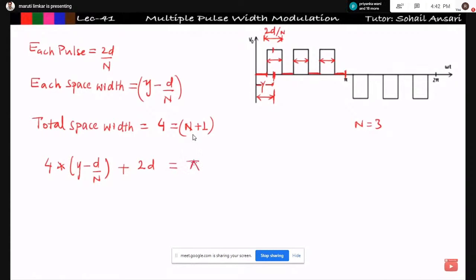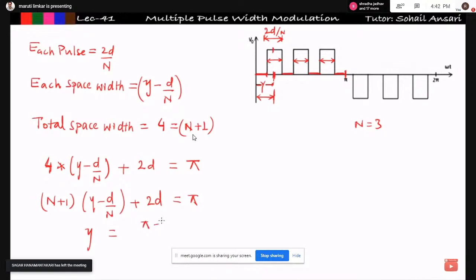That is equal to pi. I can write it like this. Now I can replace this 4 with n plus 1: (n plus 1) into (gamma minus D by n) plus the pulse width per half cycle, which I know is 2D, equal to pi. So from here I can easily get gamma equal to (pi minus 2D) upon (n plus 1), plus D by n. This is really important.